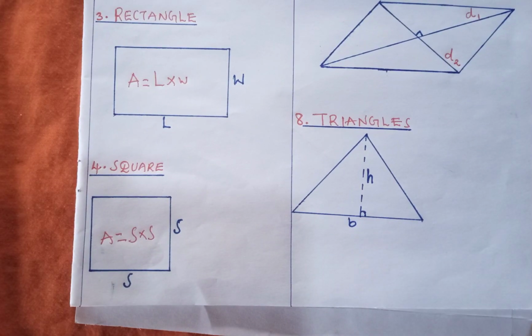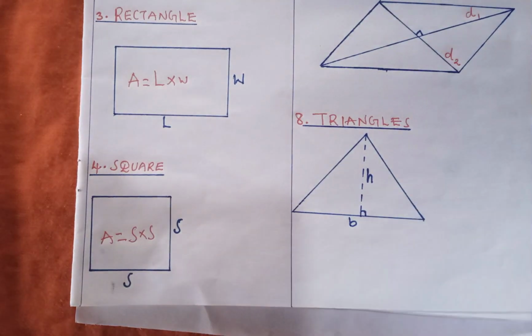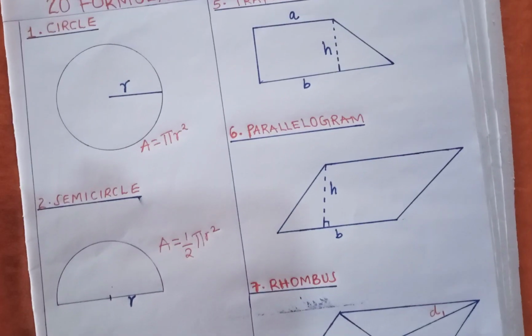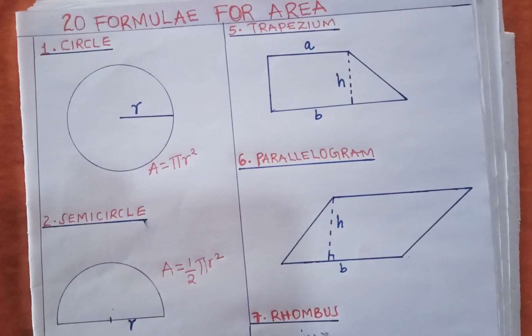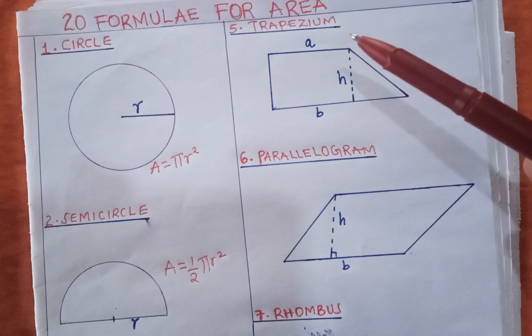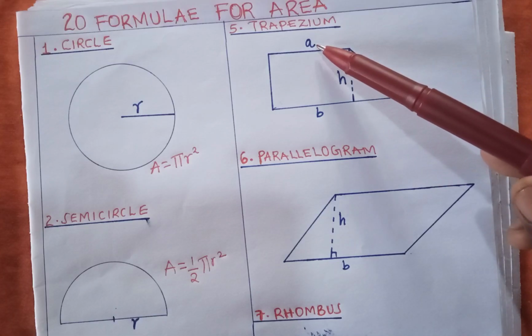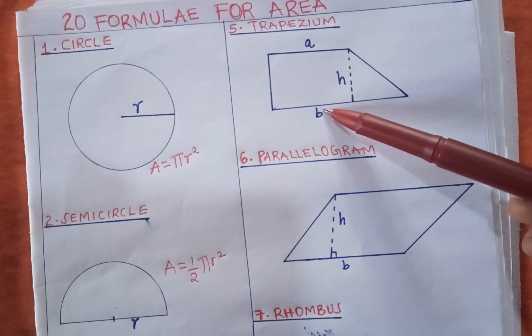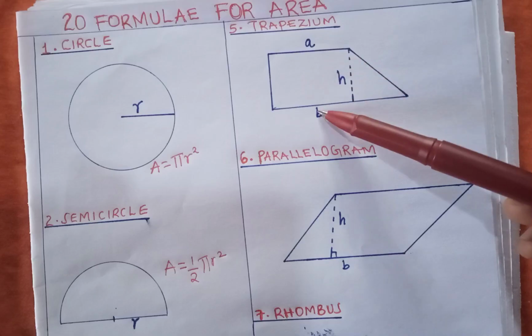The next figure that I'm going to present to you is a trapezium. This is how a trapezium looks. We have two parallel sides, this side up here and the other one here. They are parallel.